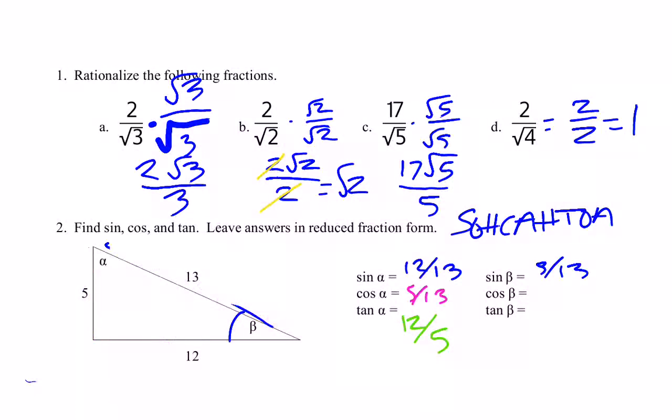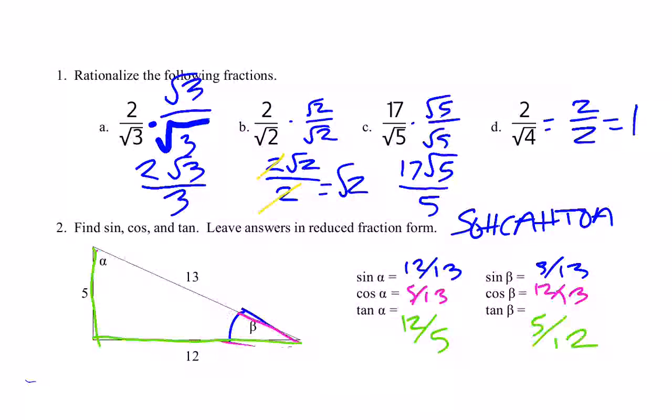If I want to do cosine of beta, that would be my adjacent leg of 12 over my hypotenuse of 13. And tangent is opposite over adjacent, so that would be 5 over 12.